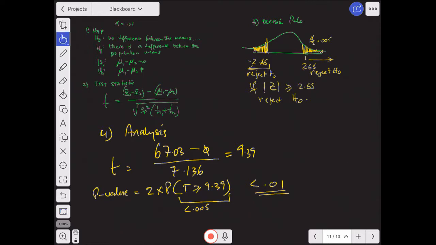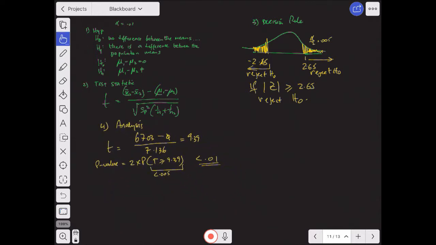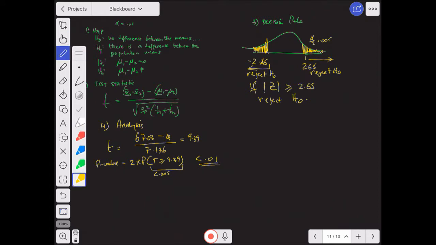Okay, having said that, let us draw our conclusion. Step 5, decision and conclusion. So we'll say since 9.39 is much greater than 2.65, we will reject the null hypothesis. What do we conclude?